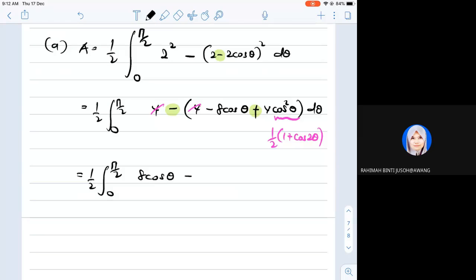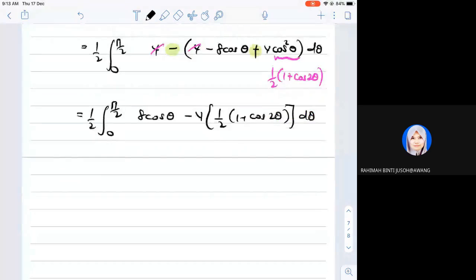Oh, sorry, multiply by 4. Wait a minute, I have to erase this. Minus 4, make it one. 1 over 2, 1 plus cos 2 theta, d theta. Okay, so 4 times half.